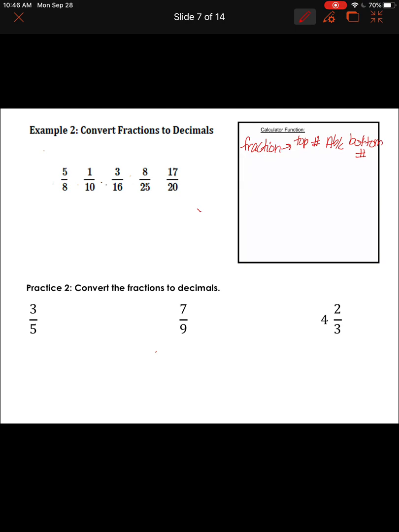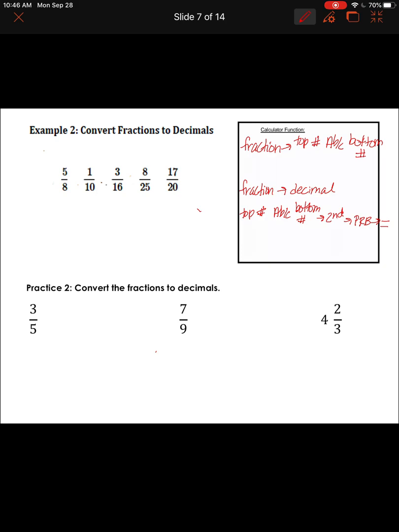So to put a fraction to a decimal, you do top number, the A B slash C button, bottom number, then you hit the second button, which is the purple in the upper left-hand corner, PRB, and then the equal sign.